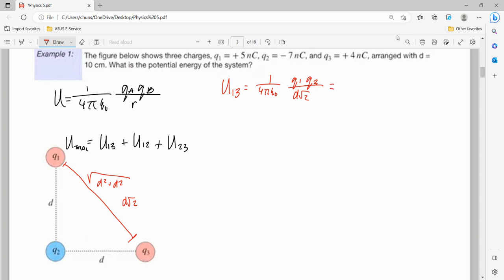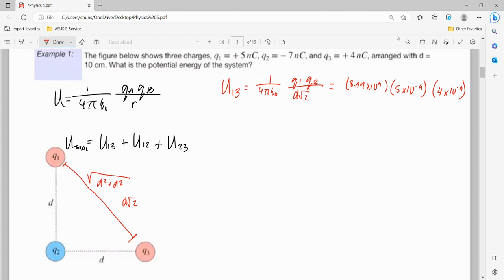If we plug those numbers in, this is 8.99 times 10 to the 9. Q1 is 5 nanocoulombs, and Q3 is also positive, so this is 4 times 10 to the negative 9.